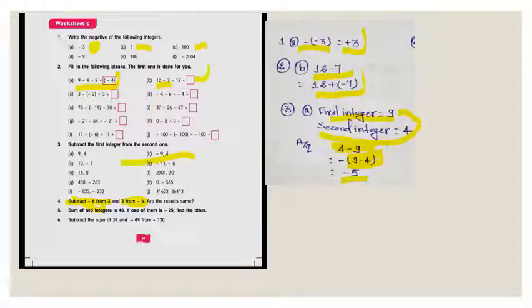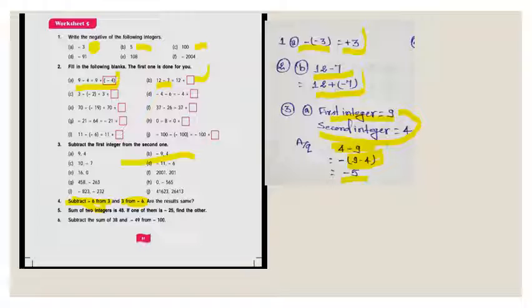Among the two, one number is given, which is minus 25, so minus 25 plus the second integer is equal to 48. Find the other. You have to find the other number which, when added to minus 25, gives 48.